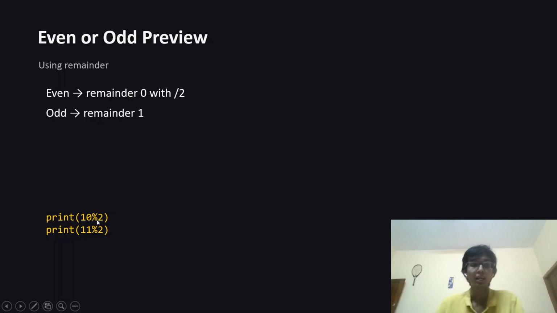Run the code, see what the outputs are, and tell me if 10 is even or odd, and if 11 is even or odd. Justify it using your computer program, using VS Code. Come on, guys, your time starts now.